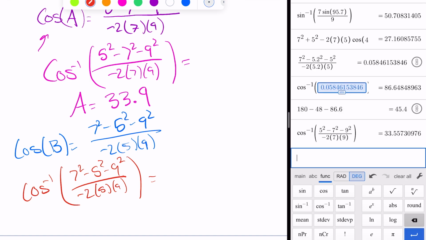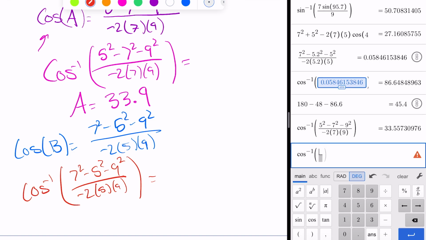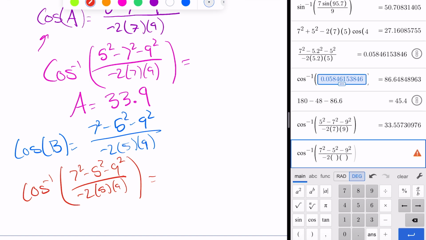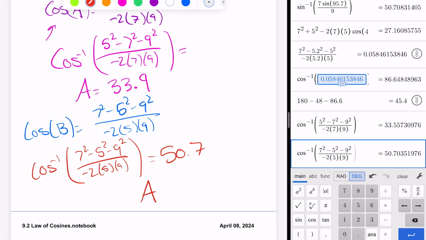So I'm going to come back down here, do inverse cosine, do my fraction: 7 squared minus 5 squared minus 9 squared, all over negative 2, and then 5 and 9, which is going to give me 50.7.